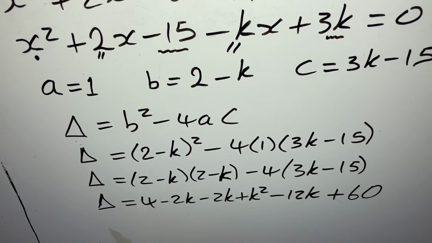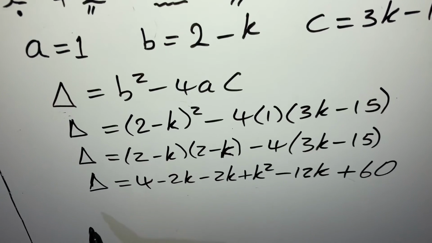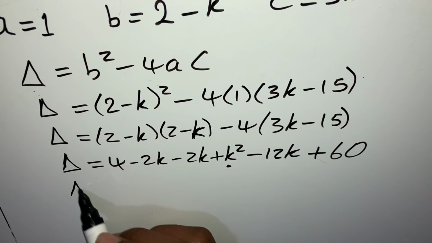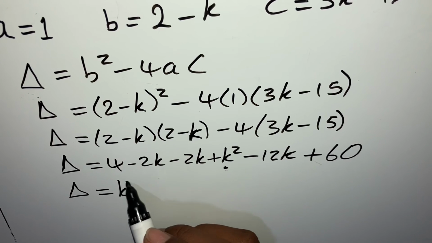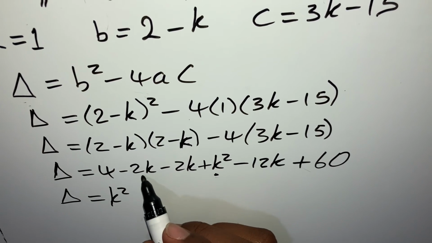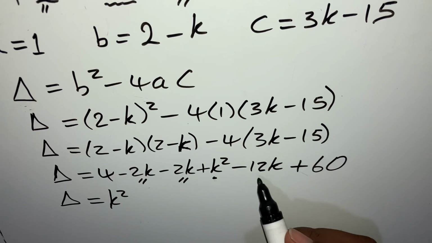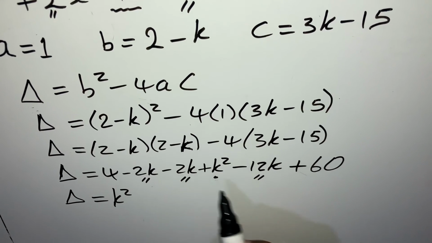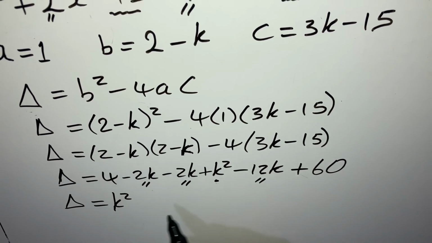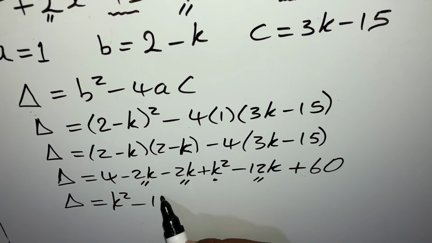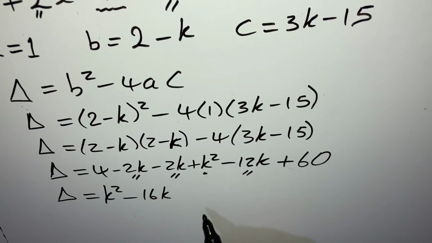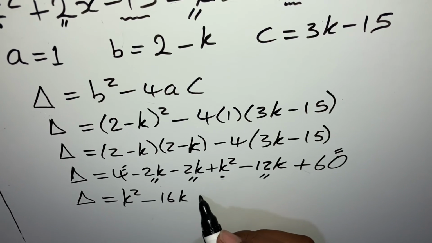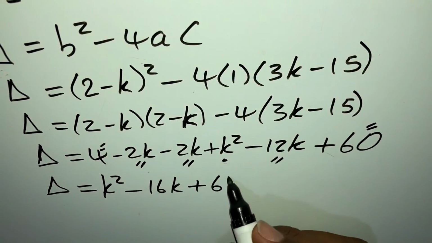Then we go on to collect the like terms, of which k squared is only k squared. There's no like term. Then you go for the ones with k. We will get negative 4k minus 12k, it's negative 16k, then 4 and 60. You add them, you get plus 64.